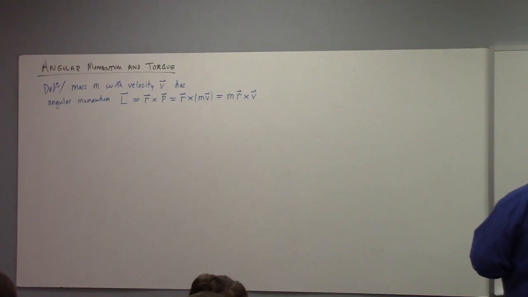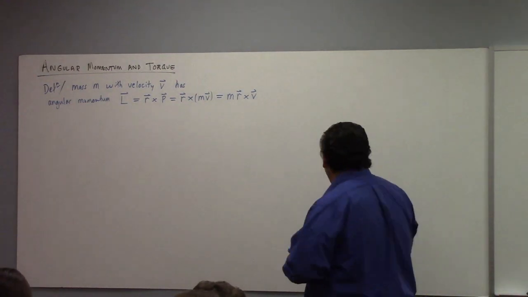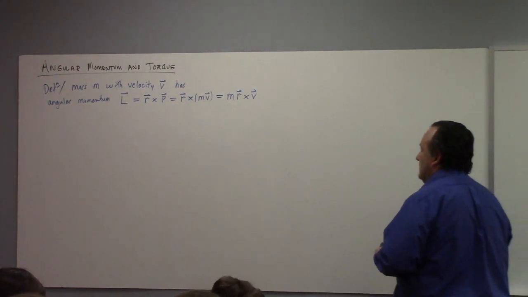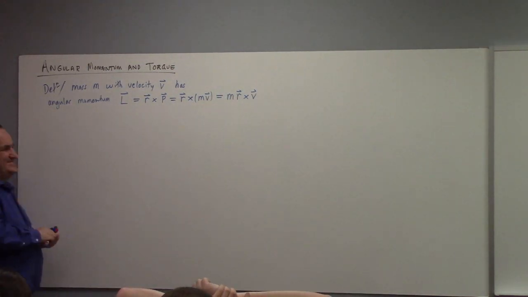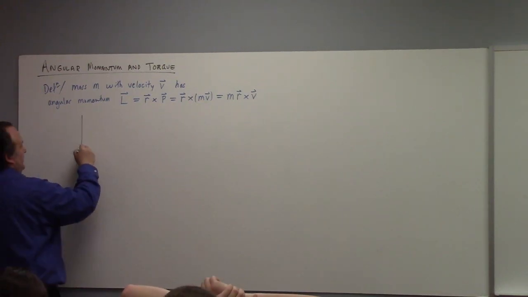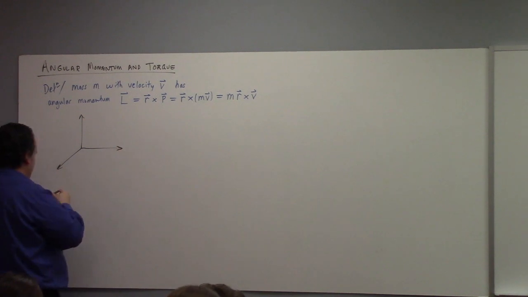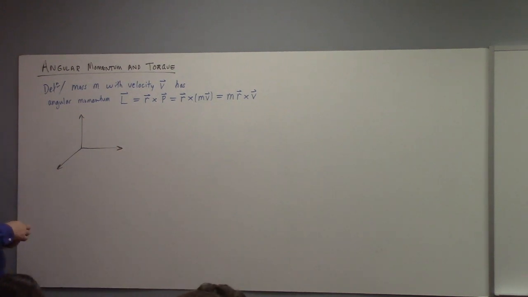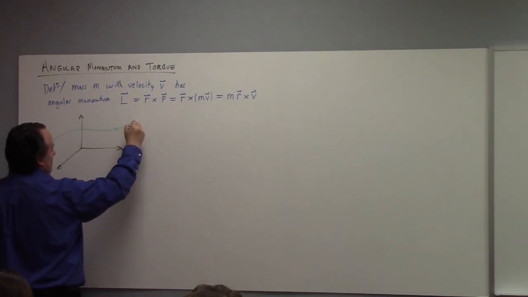Let's see here. So we could try to picture this if we wanted, right? Like what would this look like? So it's obviously a three-dimensional thing, right? So if we imagine the trajectory of some particle, maybe it's like this, right?